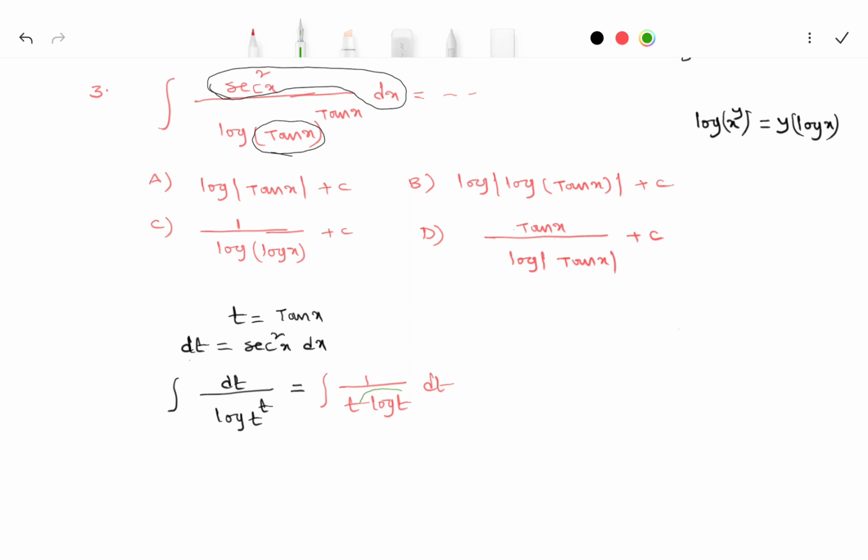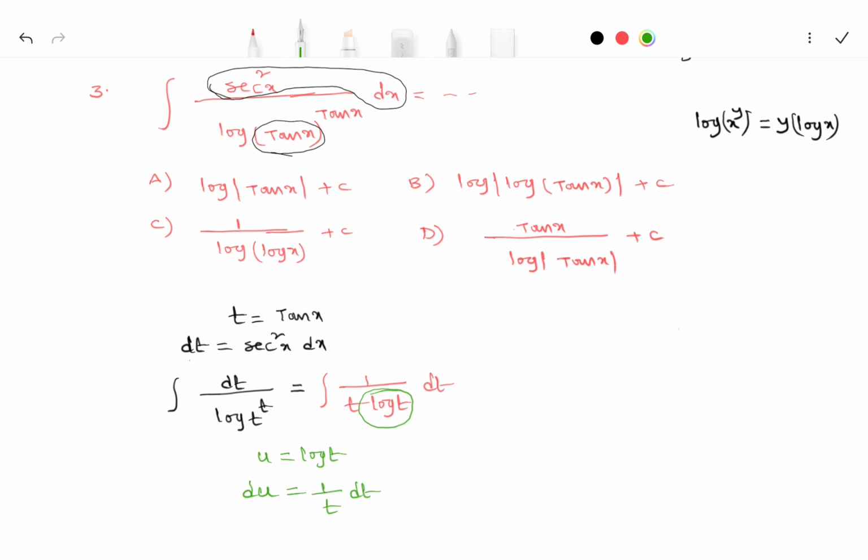Again you take log t as another variable. Already you have taken tan x as t. So here take u equals log t. If you differentiate u with respect to t, then du equals 1 by t into dt.